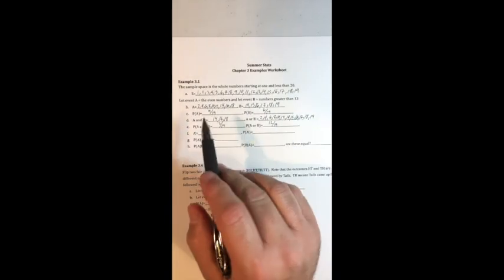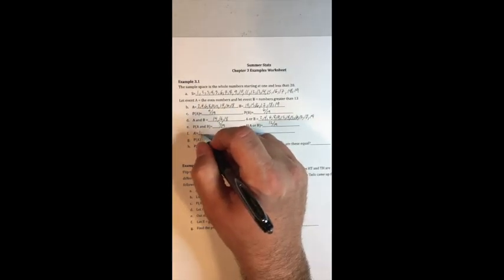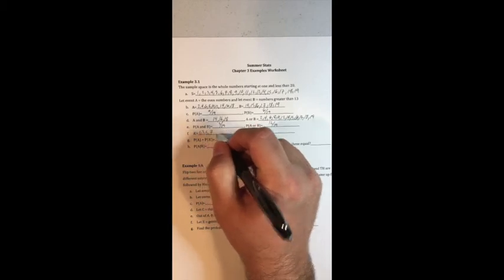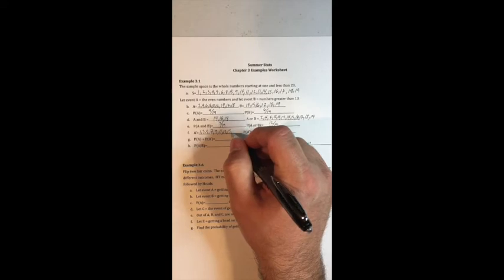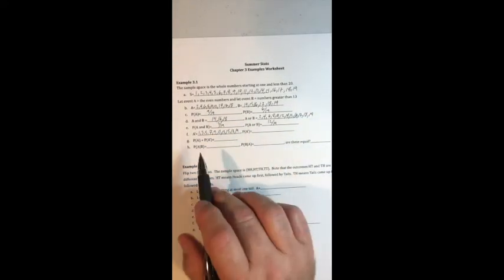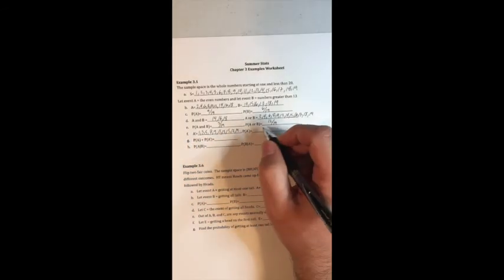A prime is the complement of A, so it's everything that is not event A. Well, event A was the even numbers, so A prime would be the odd numbers. 1, 3, 5, 7, 9, 11, 13, 15, 17, 19. All right, probability of A prime is 1, 2, 3, 4, 5, 6, 7, 8, 9. There are 10 of these out of 19.